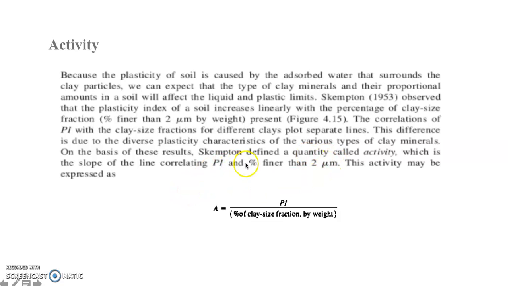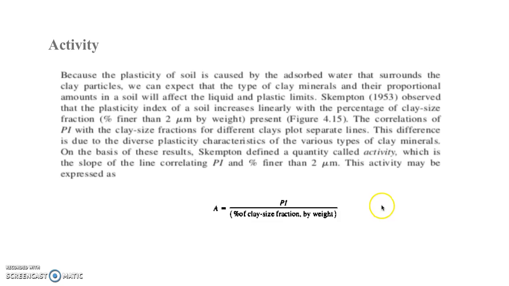According to Skempton, he has this equation that activity can be expressed as plasticity index over the percentage of clay fraction in weight. So when we talk about activity of soil, of course, it can be defined as a ratio of plasticity index to the clay fraction as percentage. The amount of retained water or state of water in soil mass depends upon available clay mineral in soil.